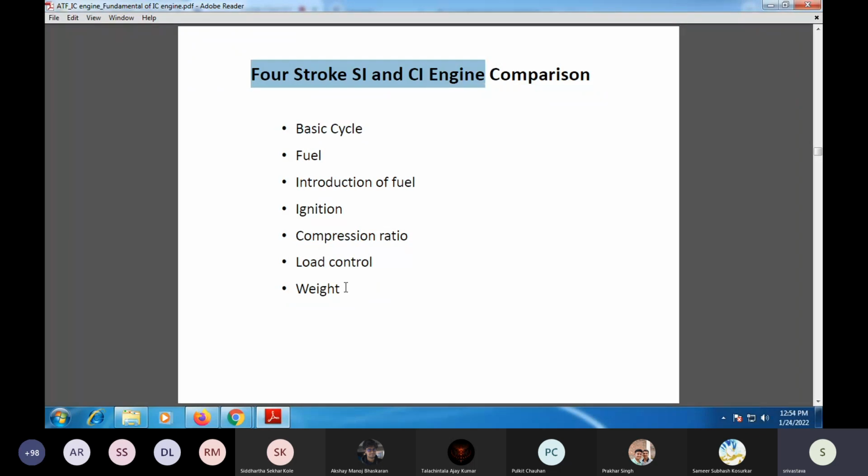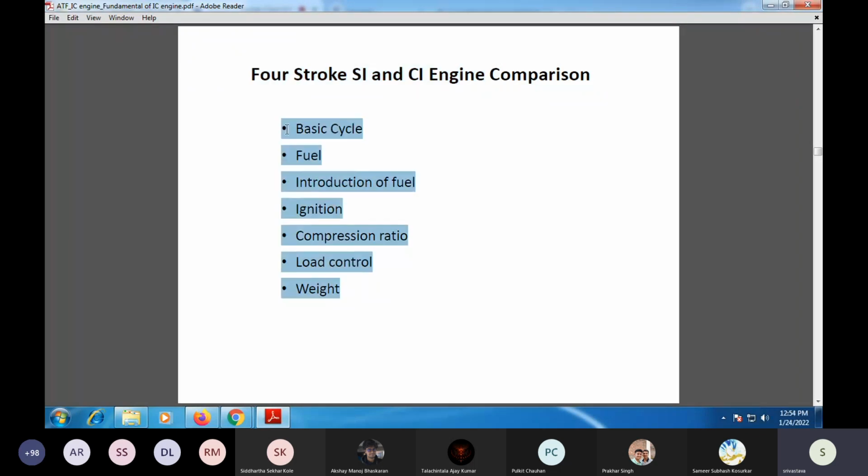I would say you should always be in a position to tell what the difference is, because wherever you go, in an interview, these are some of the things the interviewer is likely to start the discussion with.